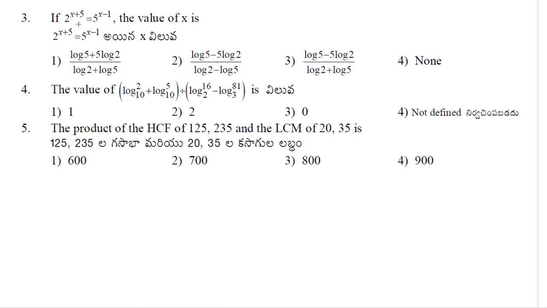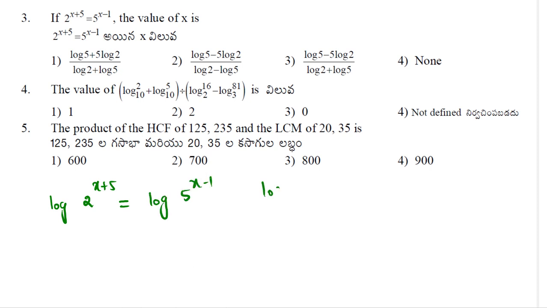Third question. If 2 power x plus 5 equals 5 to the power of x minus 1, the value of x is. Here to solve this question, let us apply log on both sides. So we can write log 2 to the power of x plus 5, you can take any base, equal to log 5 to the power of x minus 1.